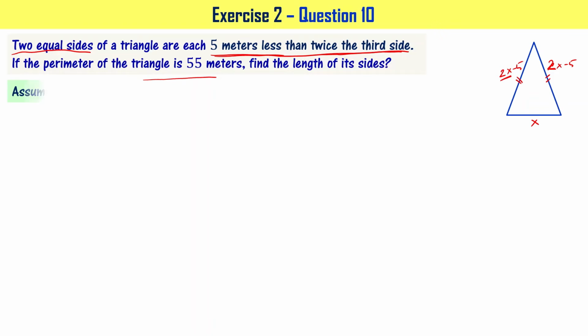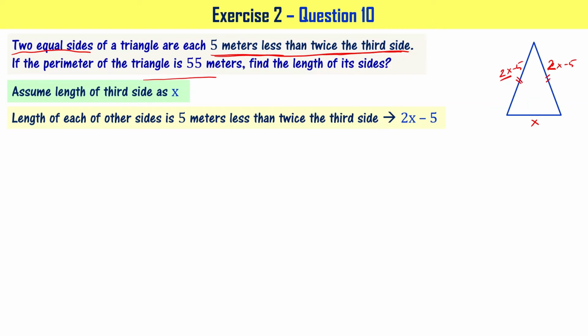Now let us assume length of the third side as x, as we have shown just now, and length of each of the other sides is 5 meters less than twice the third side. Twice the third side is 2x and 5 meters less, that's why we are subtracting 5 from that.